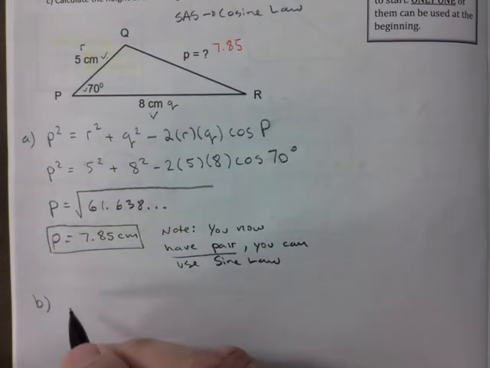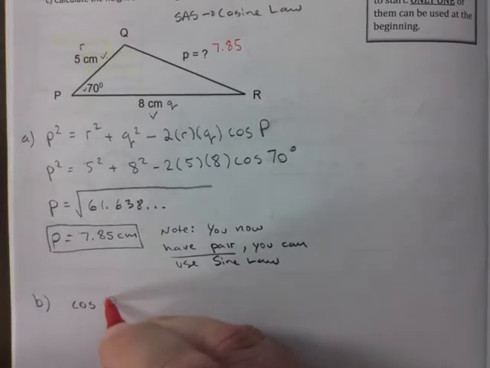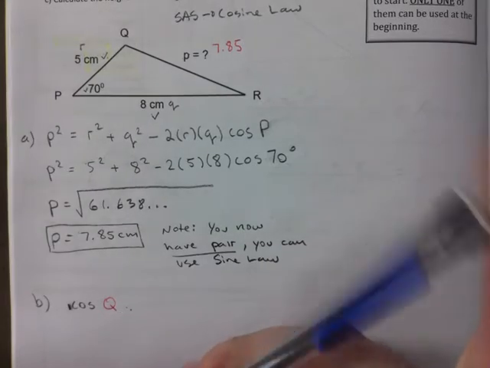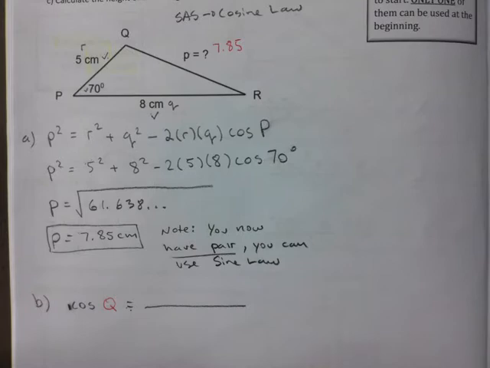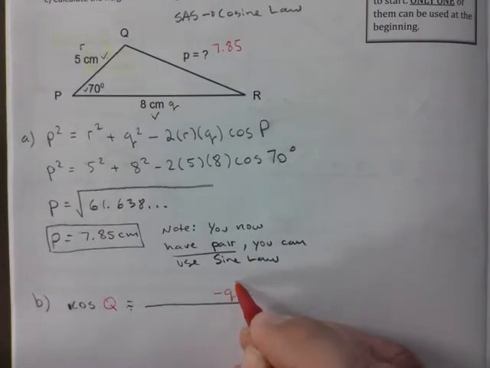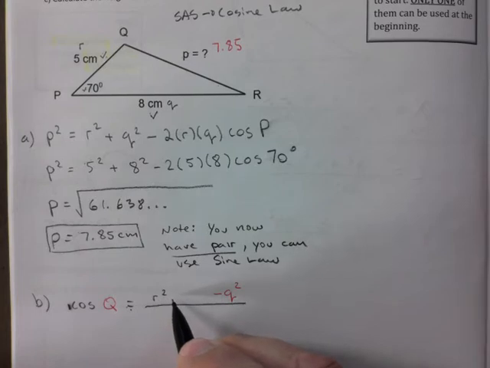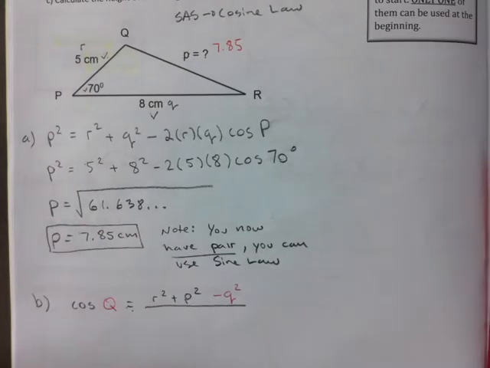Okay. So I'm going to go cosine of angle Q would be, the first thing I write down is minus Q squared. For today, I'm using the formula so that you know. And then you grab the other two sides and square them. Make sure you square them and add.